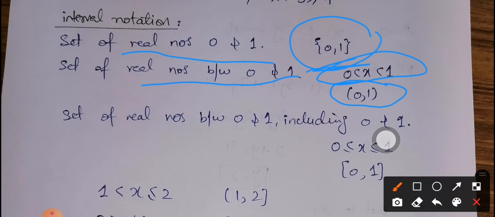So basically the interval itself is a set, but it is just a notation for when we are not able to write down the tabular form, or we are not able to list out all the numbers. We will go towards the interval notation. So here we have the open intervals. If we have the small brackets, these are named as the open interval, that is, endpoints are not included.